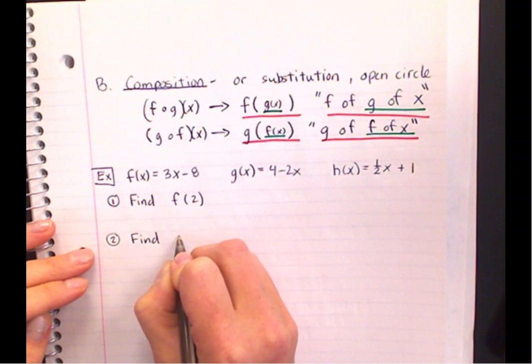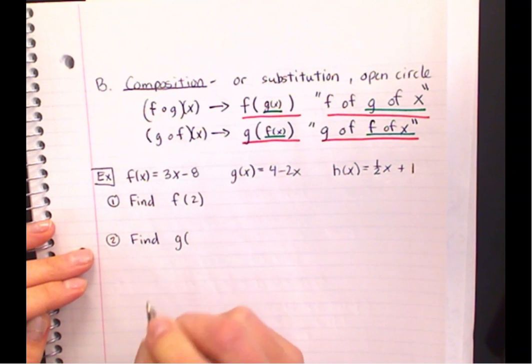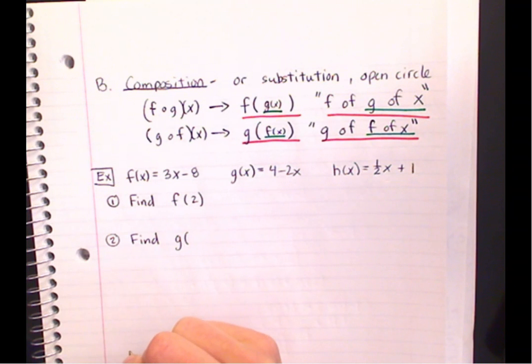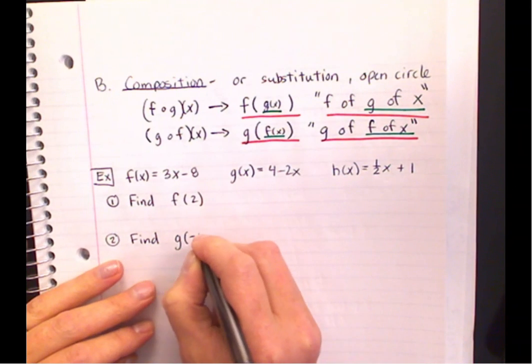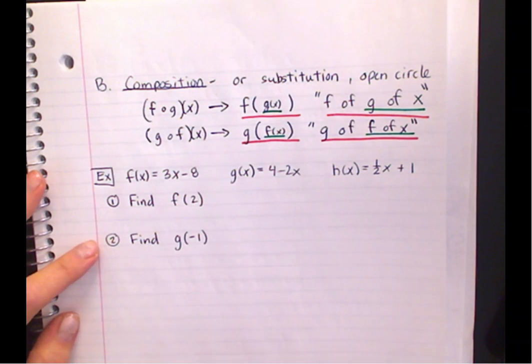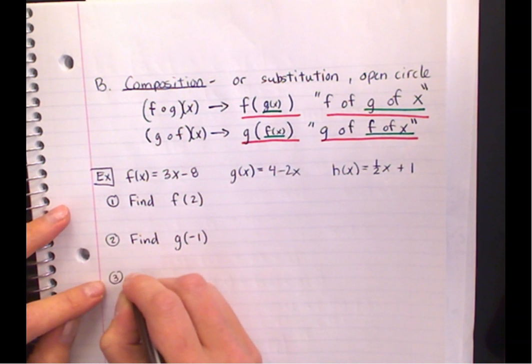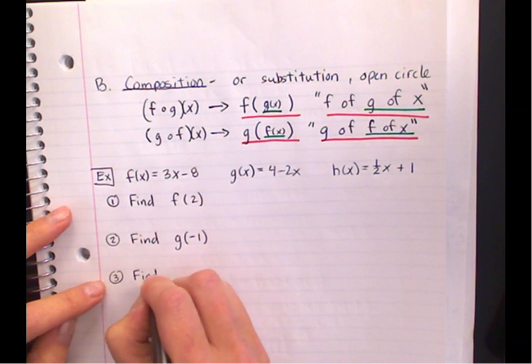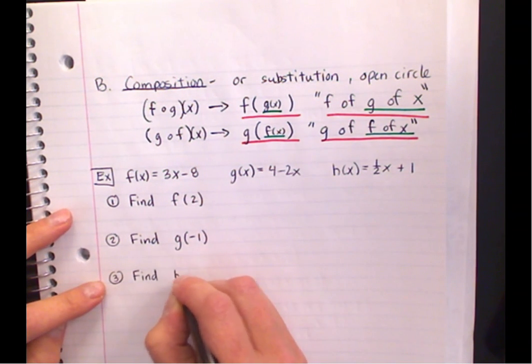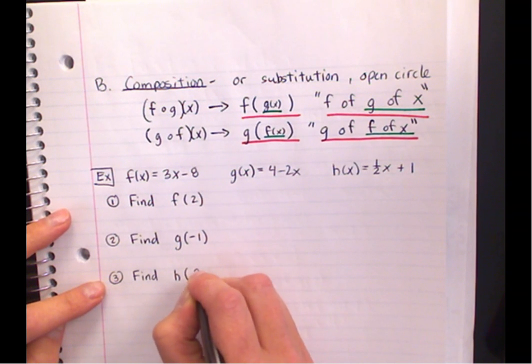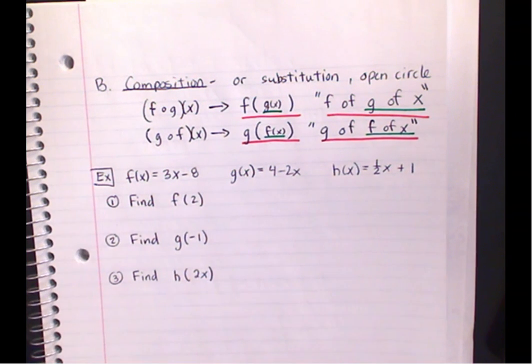Find g of negative 1. Okay, here comes the speed. H of 2x. It's like barely.